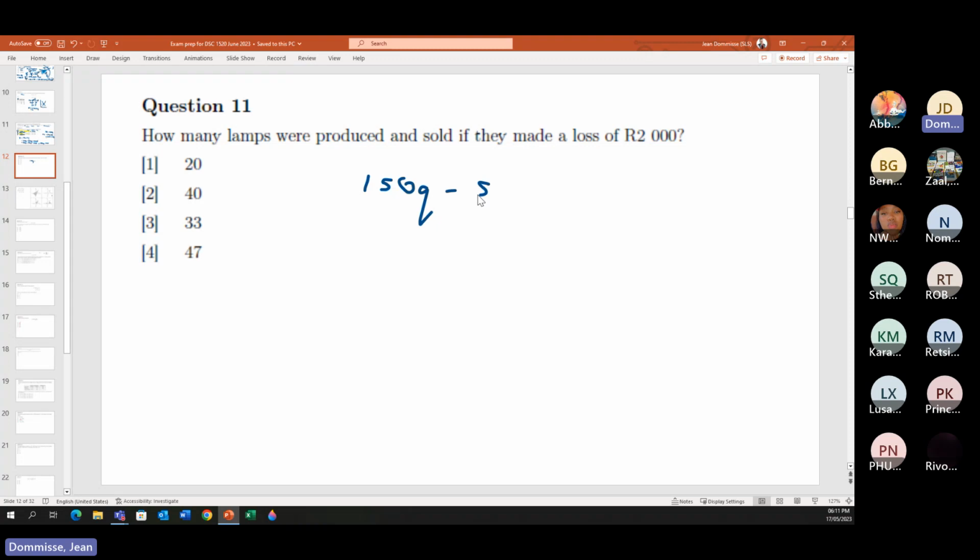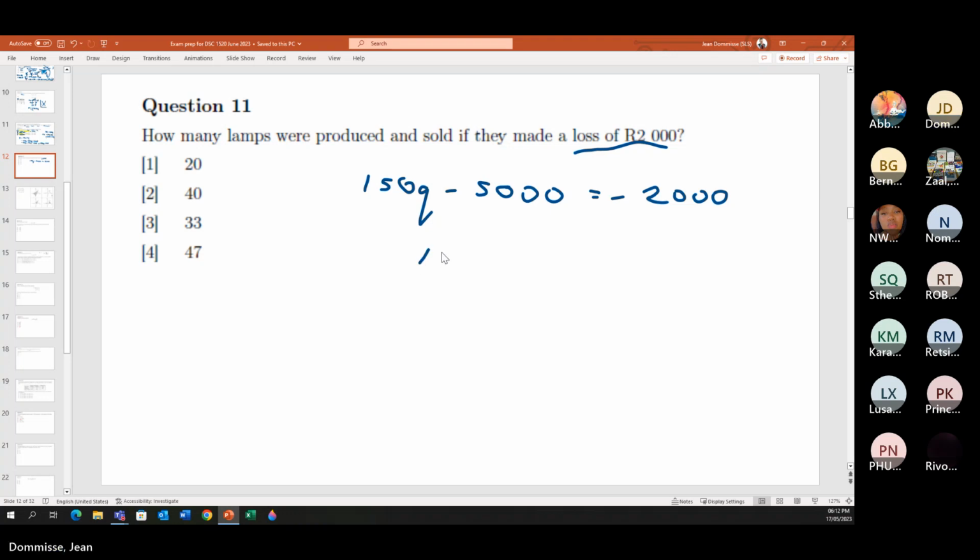Unfortunately, if you had this wrong, you will get question 11 wrong as well. If your profit function was wrong, your answer to this will also be wrong, so you will nearly lose double points. A loss of 2,000 is minus 2,000.